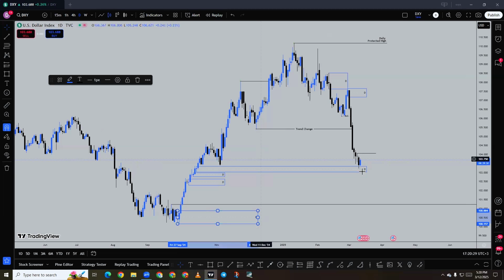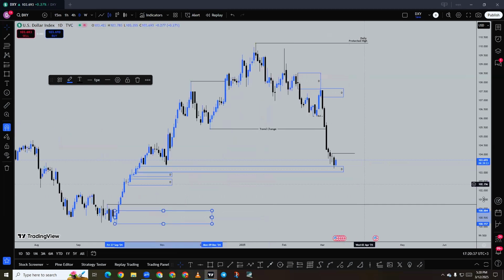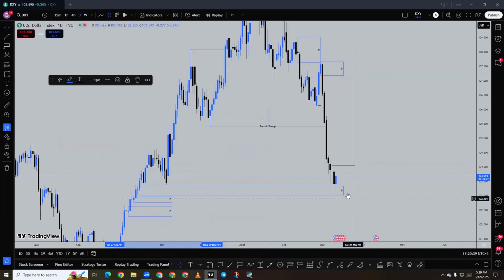So I see a situation where we may see price melt into the downside, but at the same time, for those who are trying to catch a bottom, we may be looking to trade from some of these demand zones.